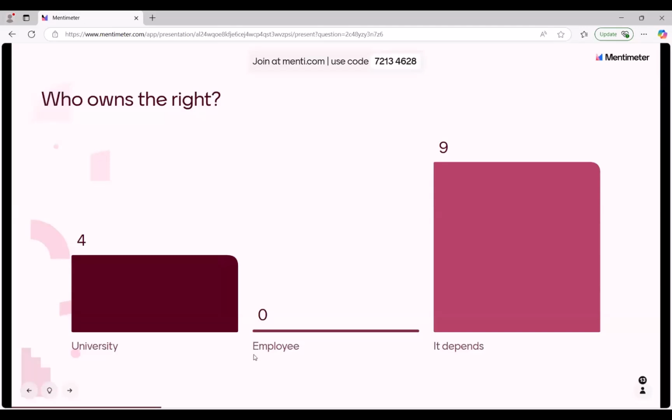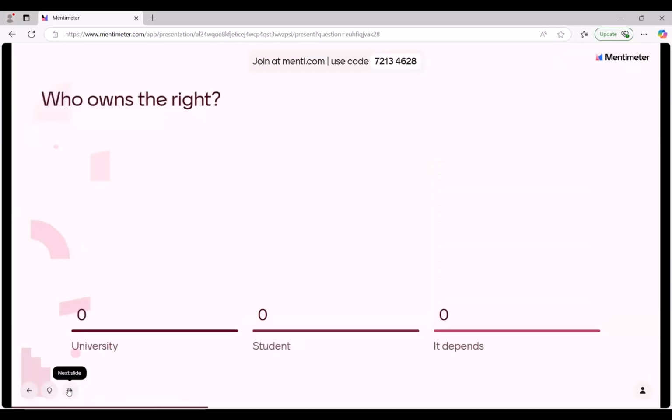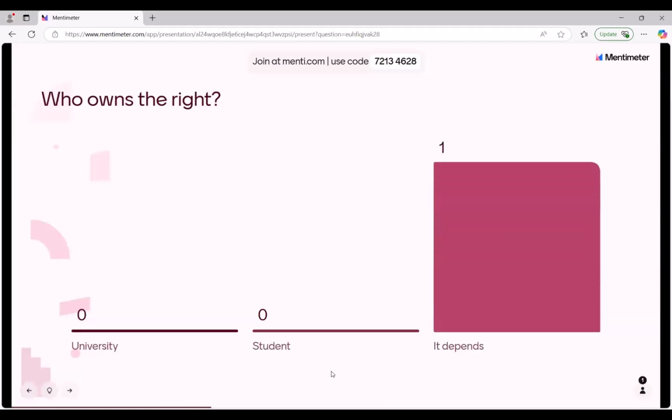So some of you said it's the university, and the majority of you said it depends. And that is right. Both choices, I think, are right. It depends. And when it comes to students, what do you think? Who owns the right?